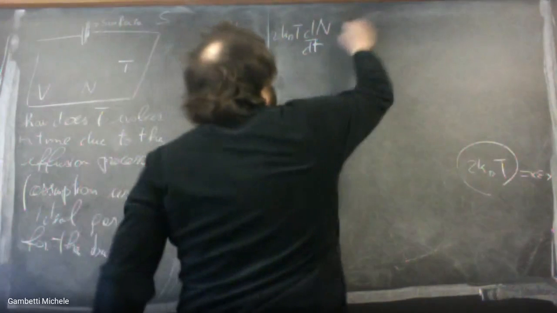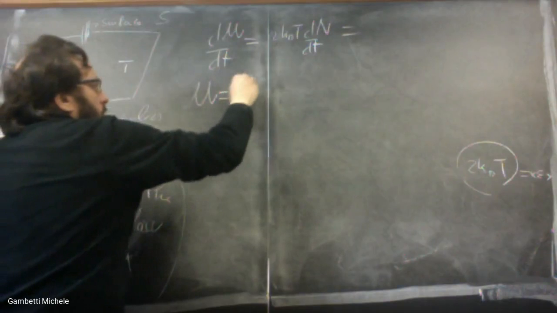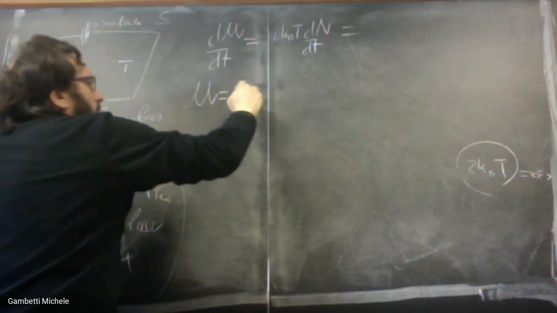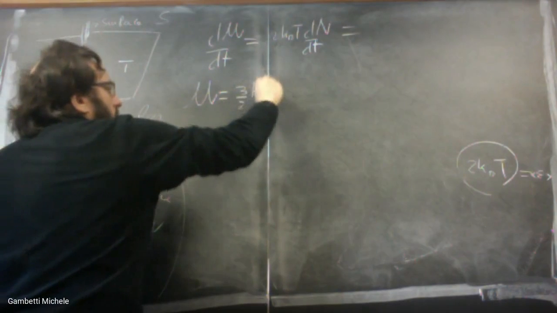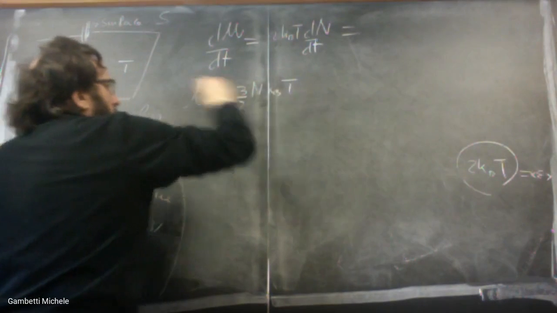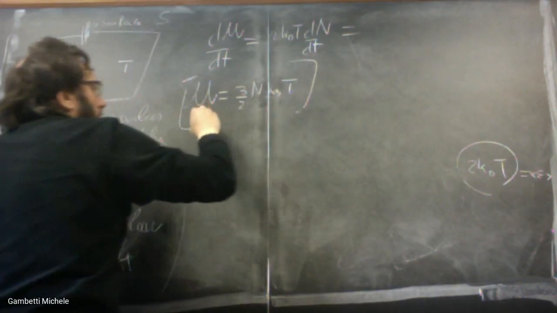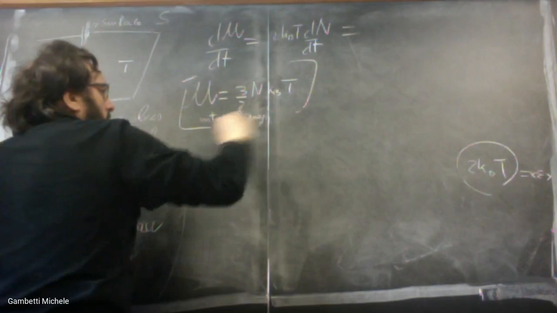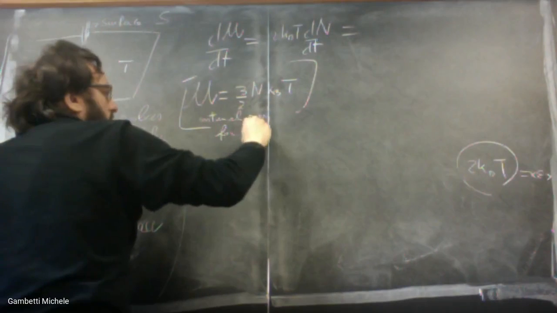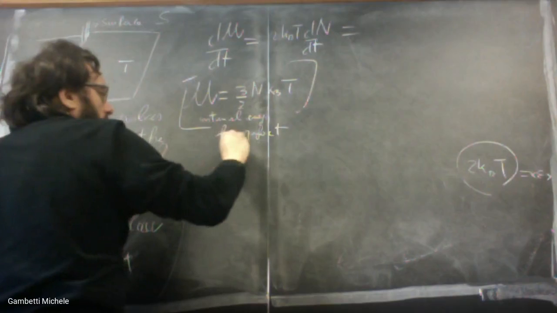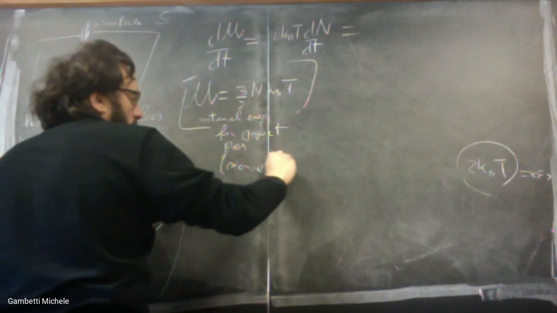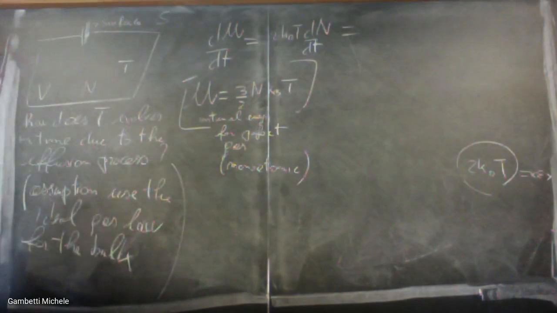And now this is equal also to, let us remember this quantity that we will calculate later on, but of course you know this, 3/2 N kBT is the internal energy for a perfect monatomic gas.